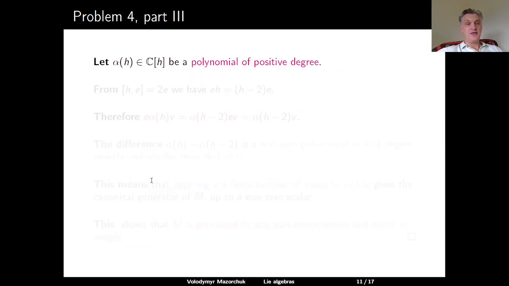So let alpha of H be some polynomial in H of strictly positive degree. From the bracket relation that H bracket with E is equal to 2E, we have the following relation.